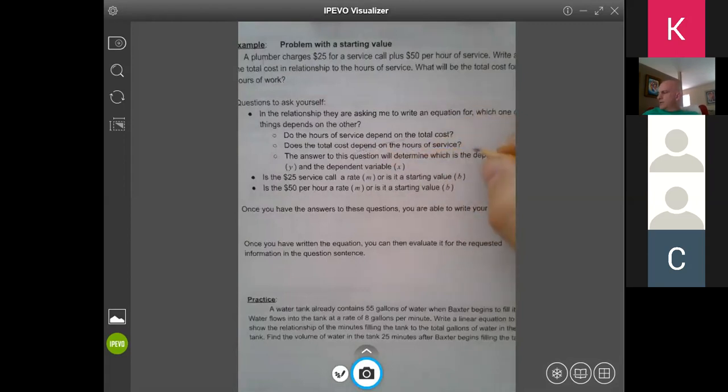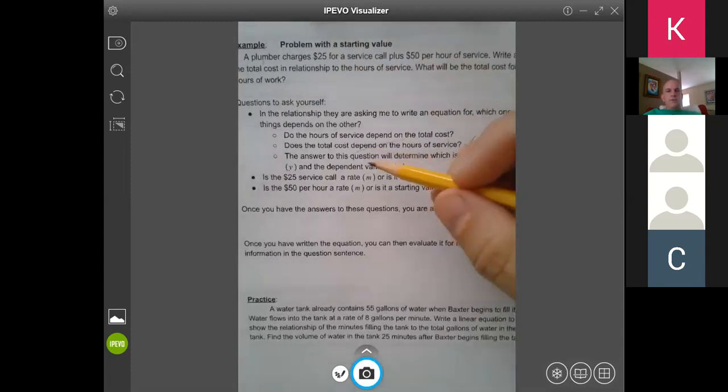All right, so this is the one that is actually the case. Total cost depends on the hours of service. And if we weren't positive about that, once we define and figure out which one of these numbers, whether it's the 25 or the 50, is our rate, once we recognize the rate, we can use the thing that follows per, each, or every to determine whether or not we're correct about that, okay?